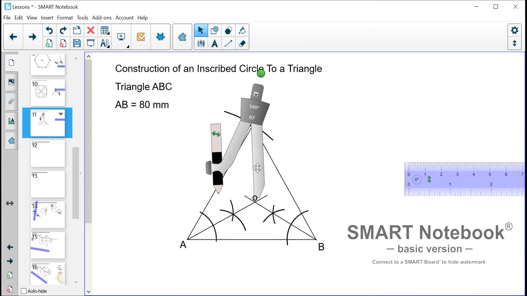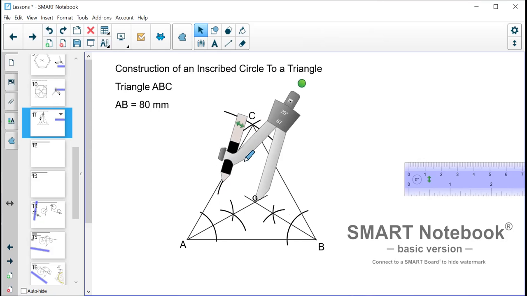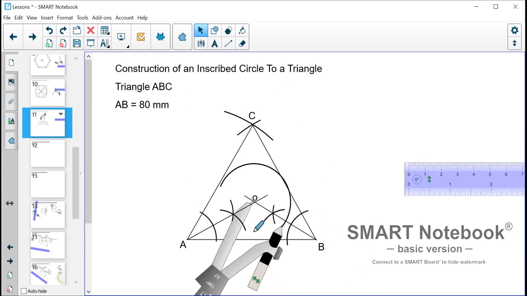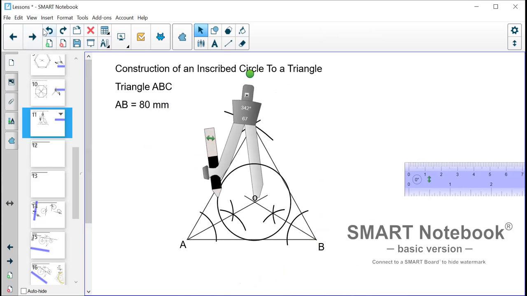Just a minute. So, but that's the idea, right? We are trying to obtain a circle that will touch all the sides of this triangle. So as long as you do everything accurately, it should touch.